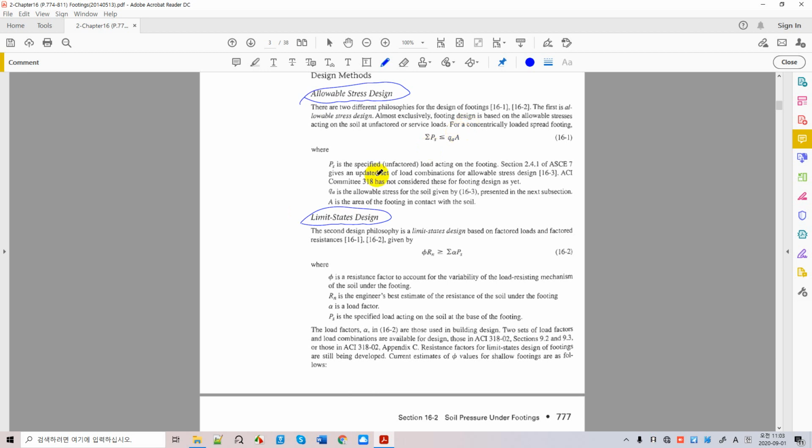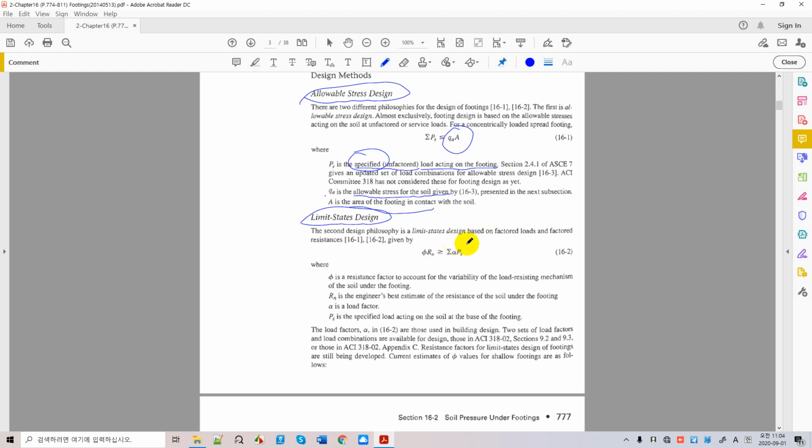Here, qa is the allowable stress for the soil, A is the area of the footing, and Ps is the specific unfactored load acting on the footing. So this should be greater than the loading, as we all understand.